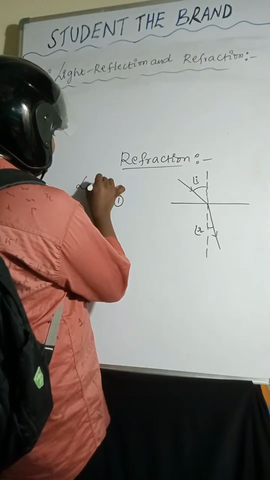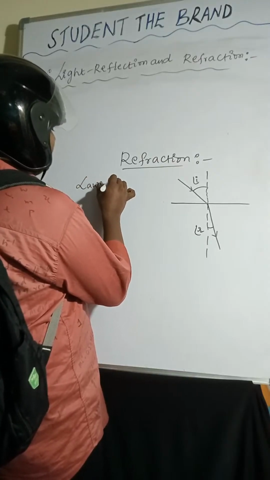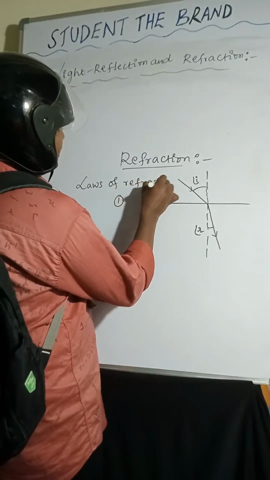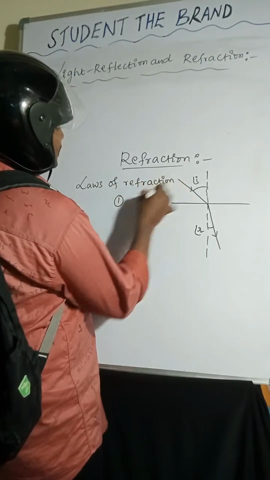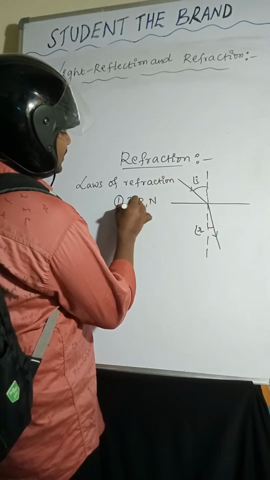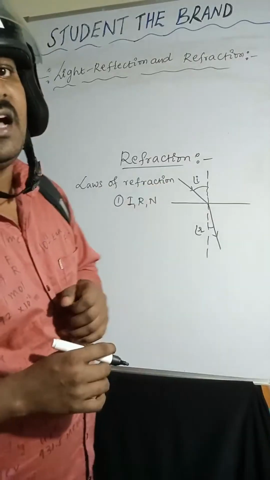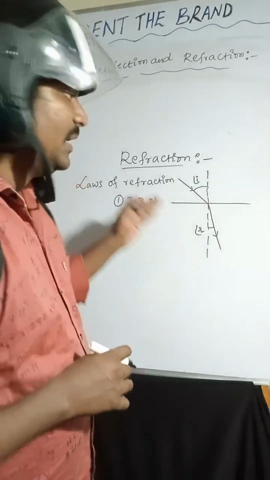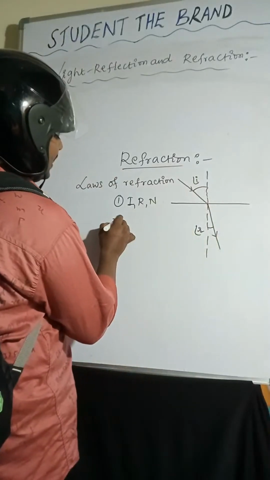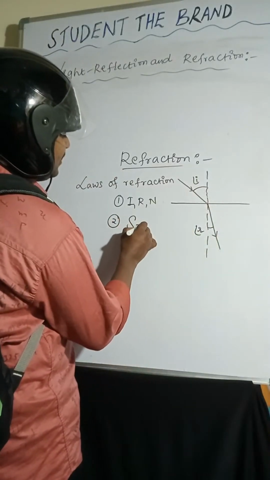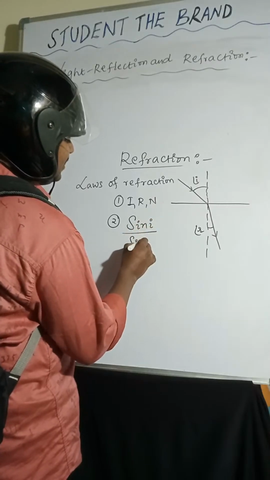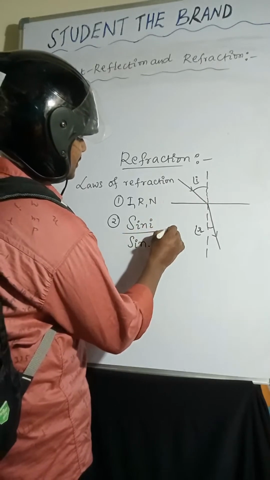The incident ray, refracted ray and normal line lie in the same plane. And coming to the second one, sine of angle of incidence to sine of angle of refraction is equal to a constant.